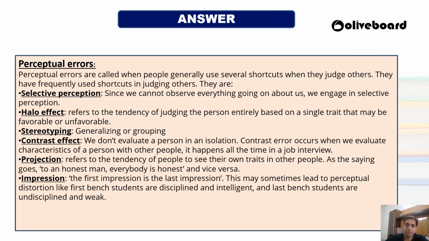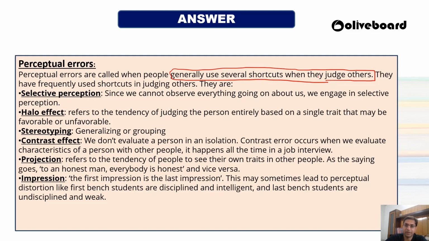Whenever we talk of perceptual error, it means people generally use several shortcuts when they judge other people. So this is like a small way of judging people, right? They are just taking some of the important factors, and then simply judging based on small shortcuts.